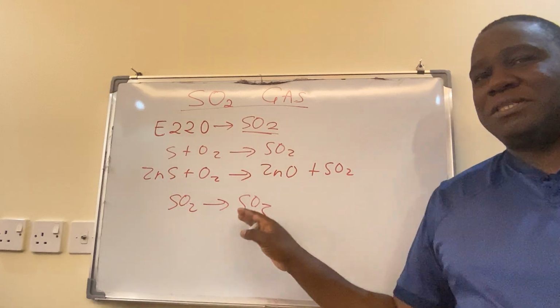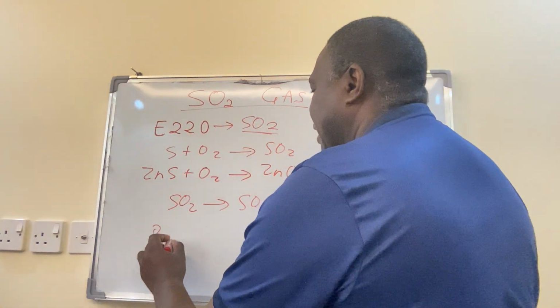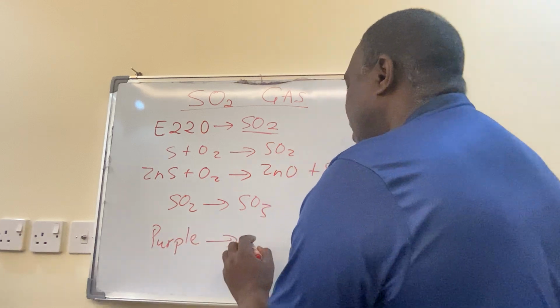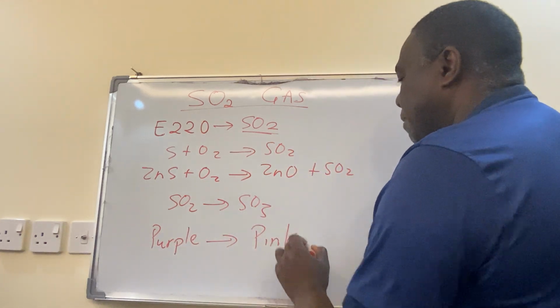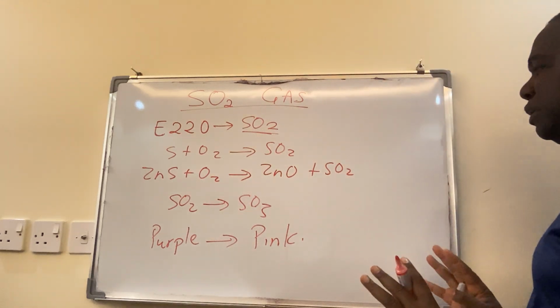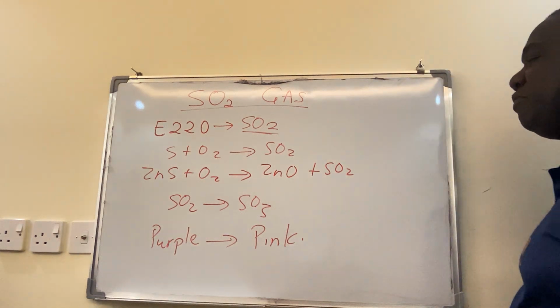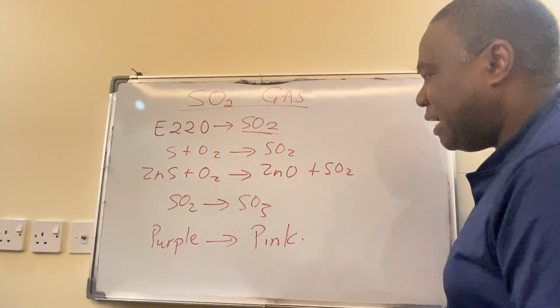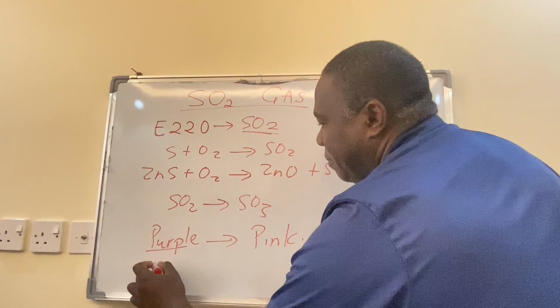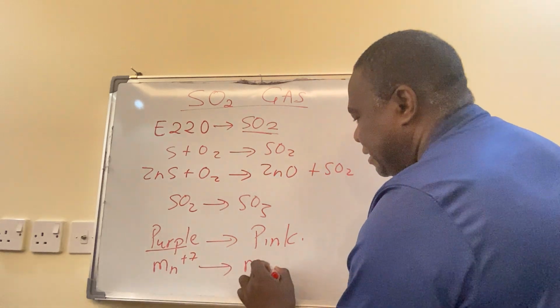So once you put your sulfur dioxide in potassium permanganate, you are going to have a color change from purple to pink. Please don't use words like colorless. Potassium permanganate is going to be changed from purple to pink. What has happened here is the manganese, the purple, is actually manganese plus 7, and the pink is manganese plus 2.